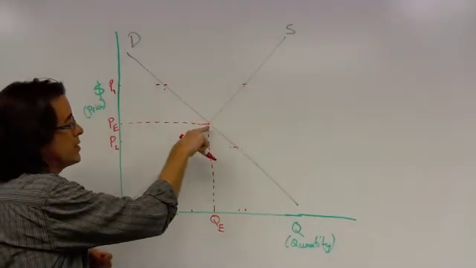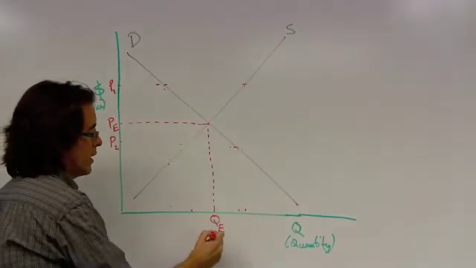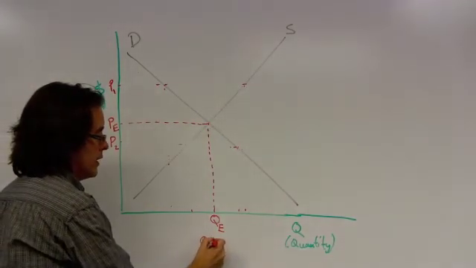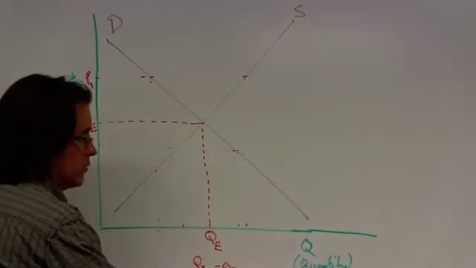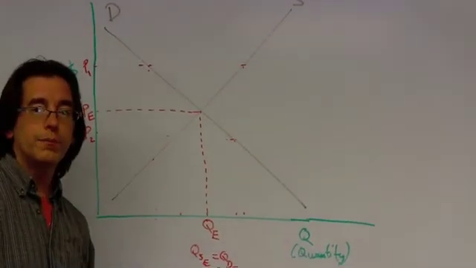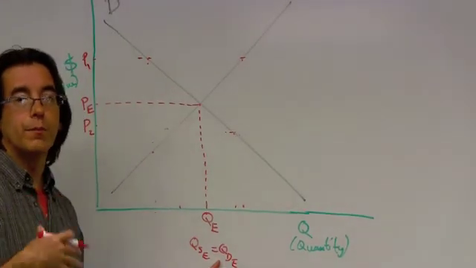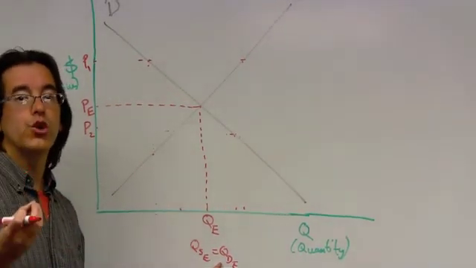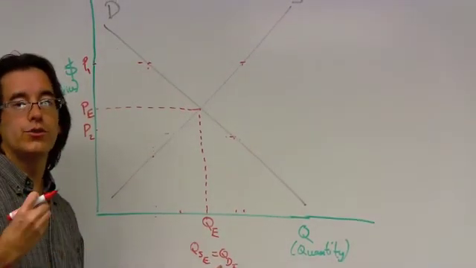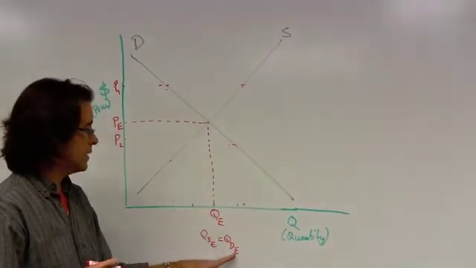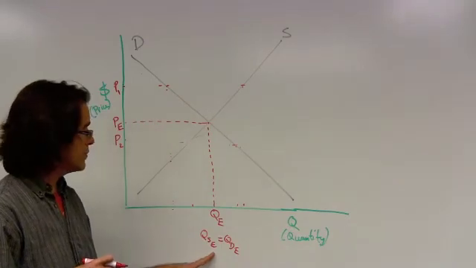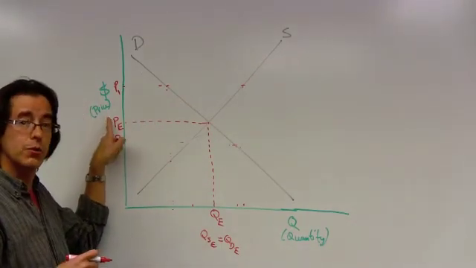The equilibrium price is such that it's the point where the quantity supplied is exactly equal to the quantity demanded, which means that the markets are clearing, that there's no shortage of a good, there's no surplus of a good, markets clear. The amount demanded is exactly equal to the amount supplied. So we call this the equilibrium price.